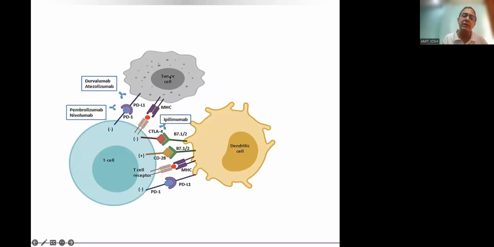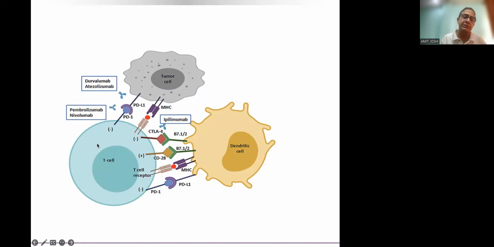So this is the tumor cell, and this is the T cell which is designated to kill it, because this tumor cell has a different antigen, the immune system will recognize this tumor cell as a foreign cell, and the T cell is stimulated to kill this tumor cell. But what happens during tumor pathogenesis? These tumor cells will develop some receptors, what we call the PDL1 receptor, which will inhibit the activation of these T cells.